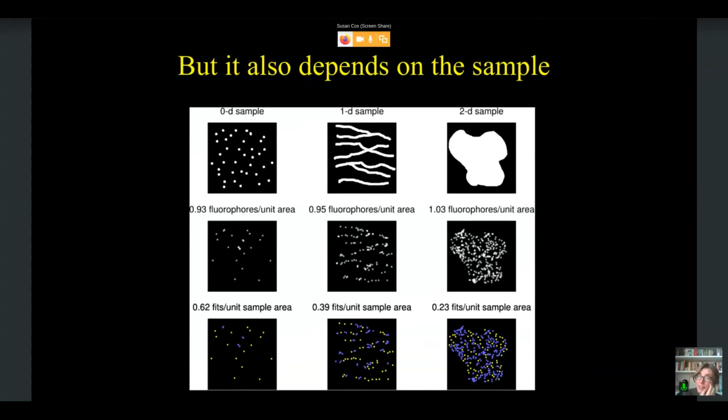So we're activating with what would be the same laser intensity, but for the 0D, we're getting a lot of successful fits and a few unsuccessful fits. And for the 2D sample, we're getting almost all unsuccessful fits, and we would just have a very small number of fits that would be okay.